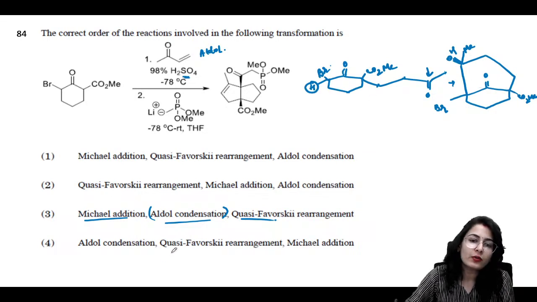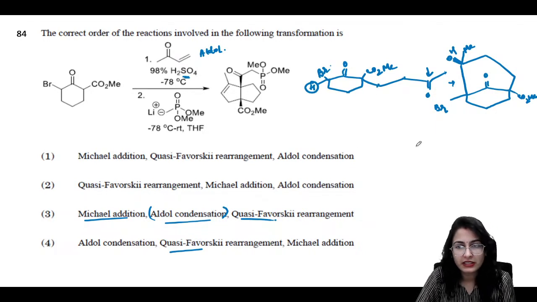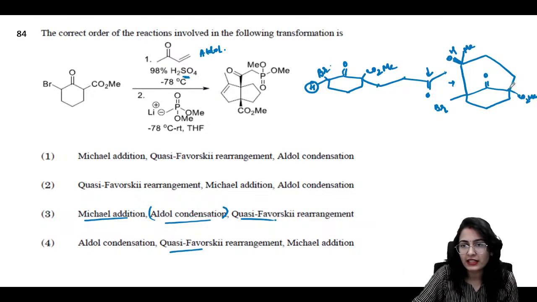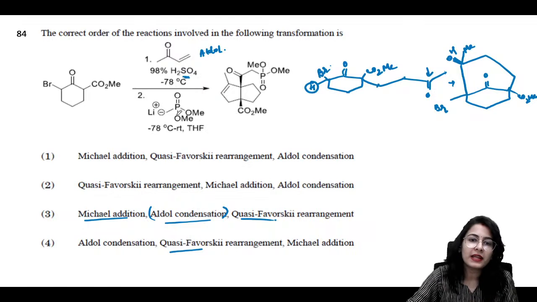Since we are trying out quasi-Favorskii, what is quasi-Favorskii? It is not a proper Favorskii reaction. Why? Because in a proper Favorskii rearrangement, we need an alpha halogen on one side and a hydrogen on the other side. Here there is no hydrogen to remove, so call it quasi-Favorskii or semibenzilic rearrangement, in which the base directly attacks this carbonyl.